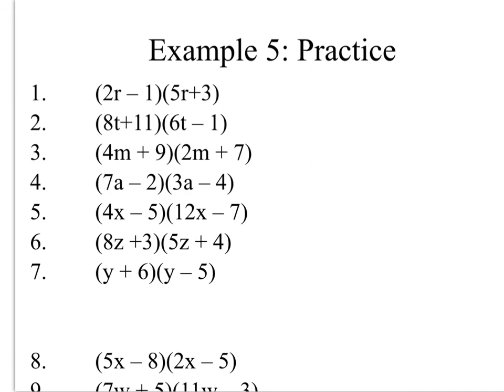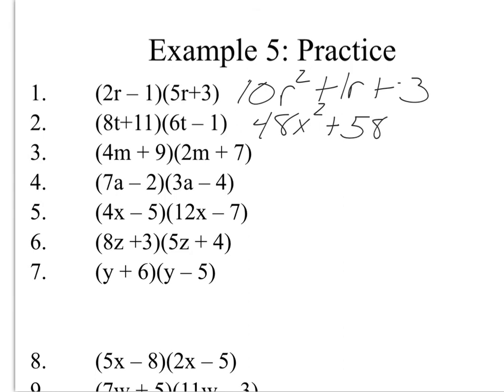So the first one, maybe, should be 10r squared plus 1r plus negative 3. Number 2 is 48x squared plus 58x plus negative 11. Number 3, 8x squared plus 46x plus 63.